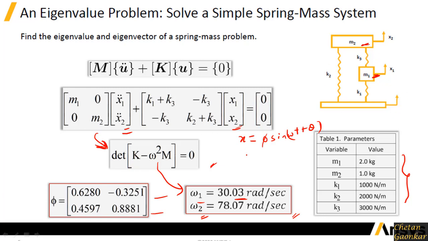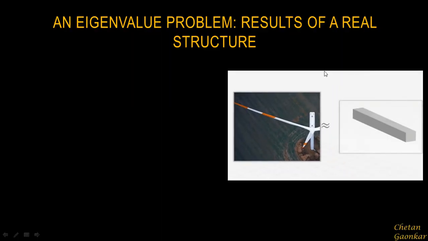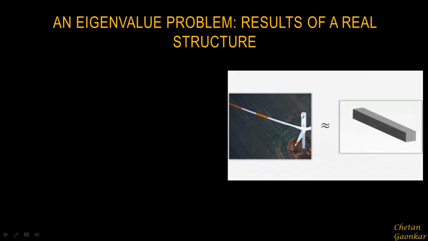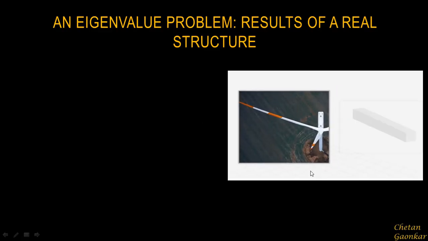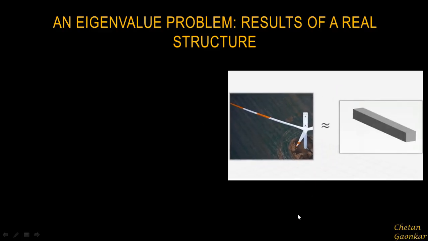This kind of numerical calculation is very easy for a 1 degree or 2 degree discrete system, but when we go to actual, real structures, this approach will really not be possible. Why? Because the size of the mass matrix and stiffness matrix for a real structure like this will be infinite, since it has infinite degrees of freedom.